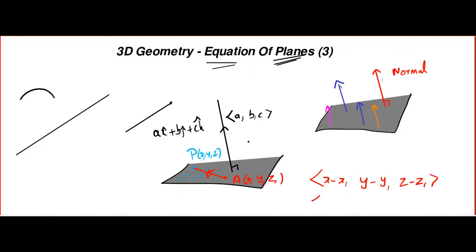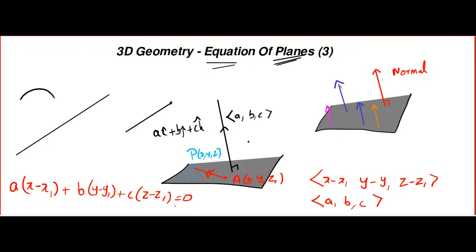What is the condition for two lines to be perpendicular? Didn't you watch the last video? What is the condition for perpendicularity? Or you can imagine in vector form, two vectors are perpendicular if the dot product is 0. Oh, so the dot product will be 0. So basically we end up having the equation a(x minus x1) plus b(y minus y1) plus c(z minus z1) is equal to 0.